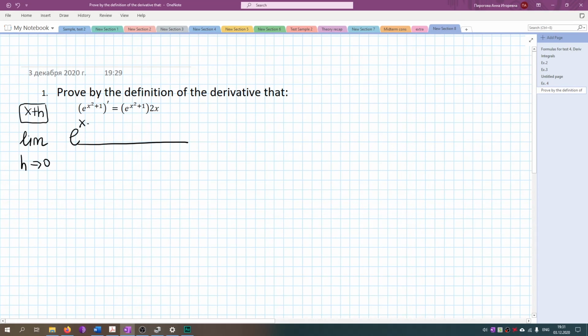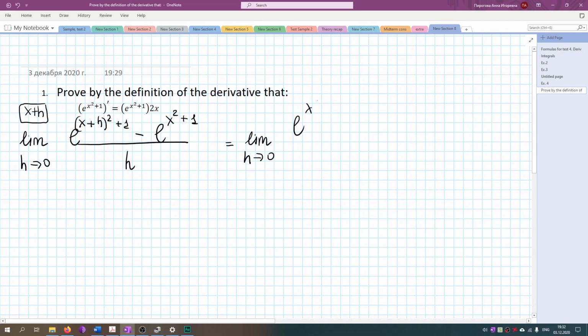So instead of x, I'll use x plus h, and I'll subtract our function with the argument x, and divide by h. So that's the definition of the derivative. And now I'll need to compute this limit to see what the value will be.